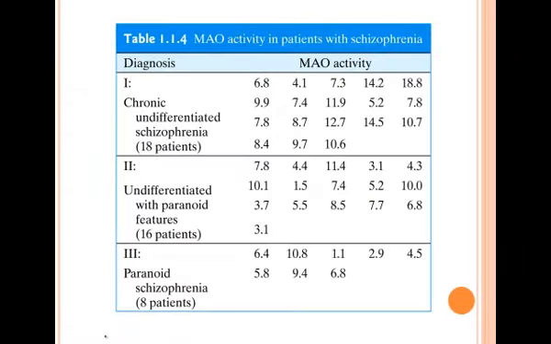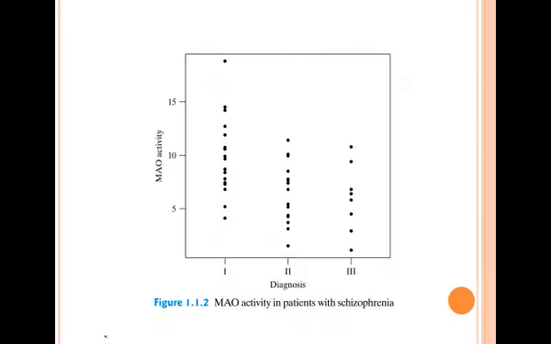So here's the data here. You've got diagnosis 1, diagnosis 2, and 3, which each has its own definition. And within each diagnosis, we've got MAO activity for these patients. So here we've got 18, here we've got 16, here we've got 8. So there's what's called a dot plot, right? Again, this is a categorical example.